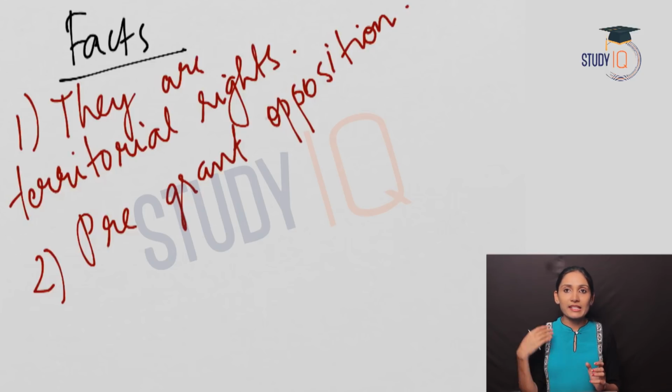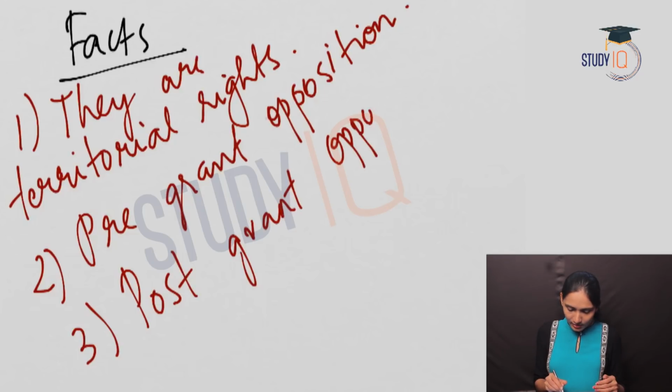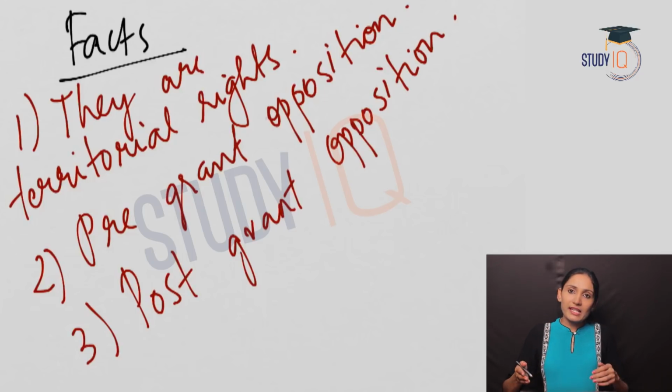So before the patent is granted, the patent office will see whether there is any opposition from the general public. And thirdly, post-grant opposition is also necessary. Likewise, after granting the patent also, the patent office will see whether there is any opposition from the general public.